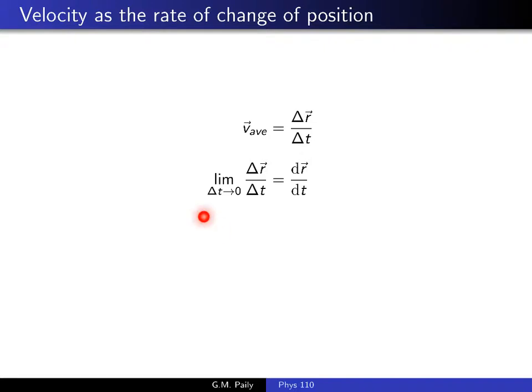If we now shrink that time interval, this ratio, delta r over delta t, eventually becomes the derivative dr over dt. This process of taking the limit is something you will learn in calculus. You can also refer to some of the background slides available in Sakai.